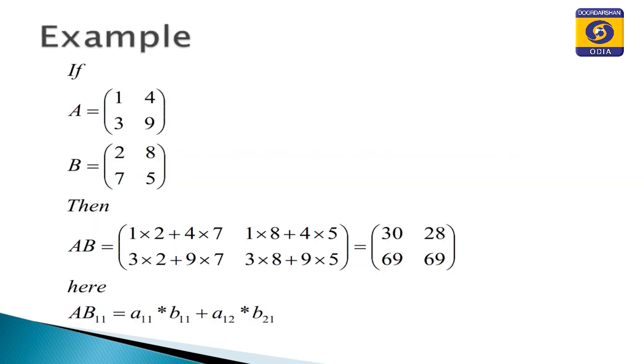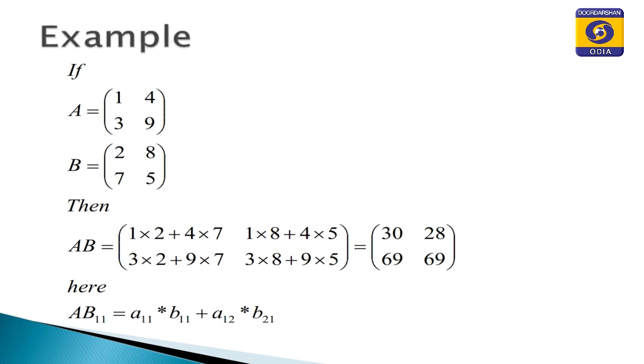Here is an example. Suppose A is the matrix 1 4 3 9 and B is the matrix 2 8 7 5. Then for A cross B, the first row of A, 1 4, we multiply with 2 7, so 1 into 2 plus 4 into 7. Similarly, 1 4 with 8 5 gives 1 into 8 plus 4 into 5.